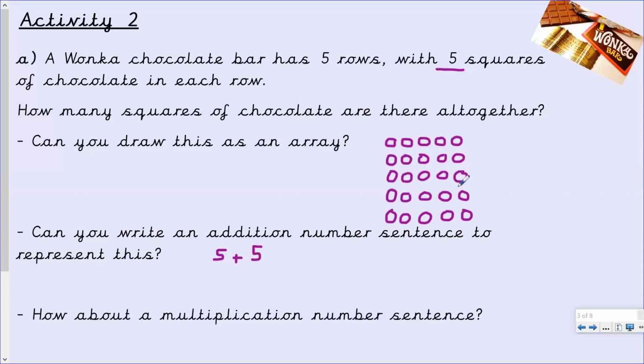And in the third row, I have 5 pieces of chocolate, so I need to add another 5. And in the fourth row, again, I have 5 pieces of chocolate. And in the last row, I also have 5 pieces of chocolate.